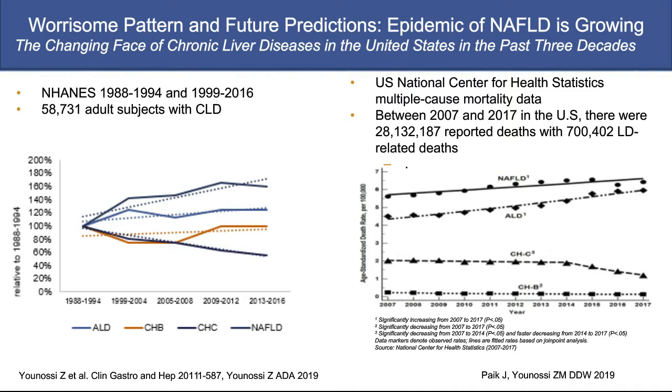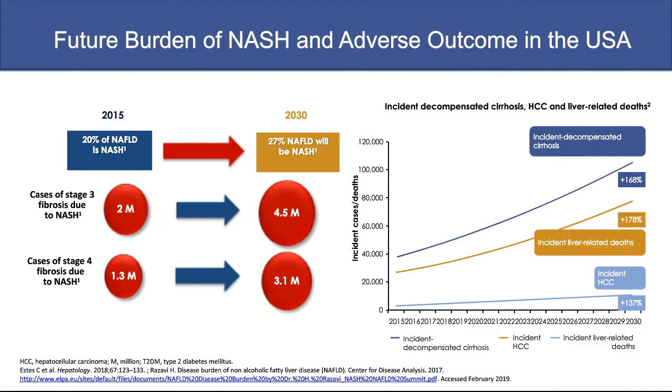Another way to look at the future burden of non-alcoholic fatty liver disease, non-alcoholic steatohepatitis, and the adverse outcomes is to perform modeling, or Markov modeling. This is basically looking at what will happen in 2030 from the rates of diabetes and obesity in 2015. As you can see, both stage 3 and stage 4 fibrosis due to NASH are expected to double in rate by 2030.